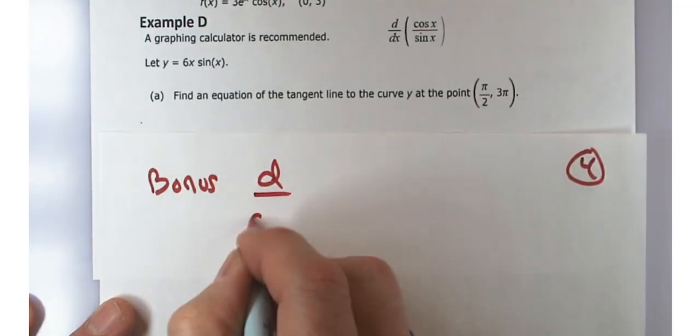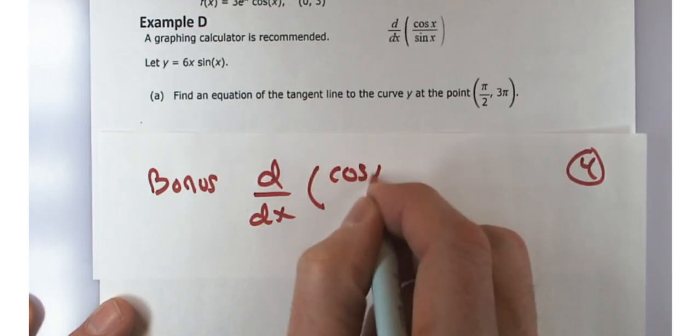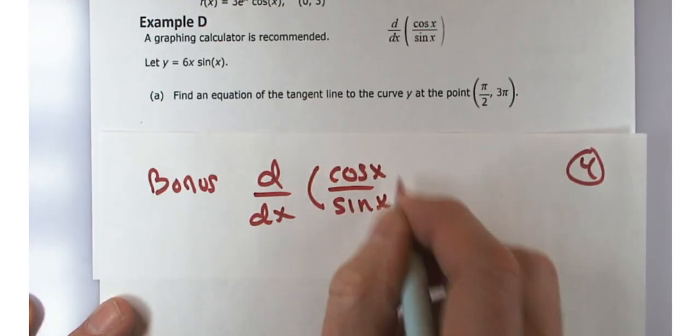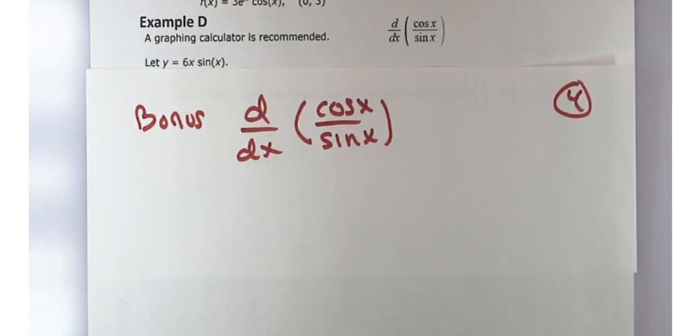d by dx of cosine of x over sine of x. Okay. Let's see. Angelo, what rule am I going to have to use to differentiate this? I'll give you a couple. Quotient rule, product rule, or power rule? Yeah, quotient rule.